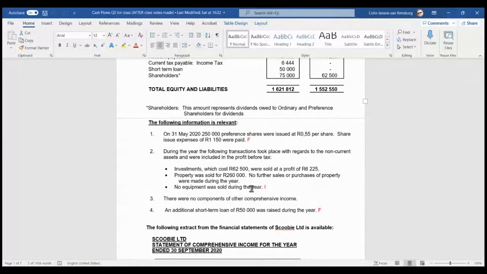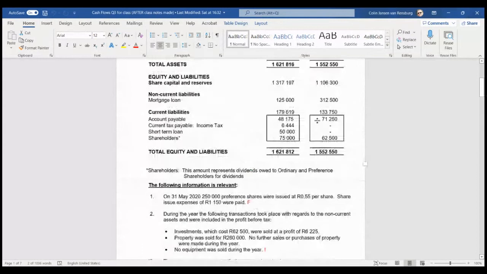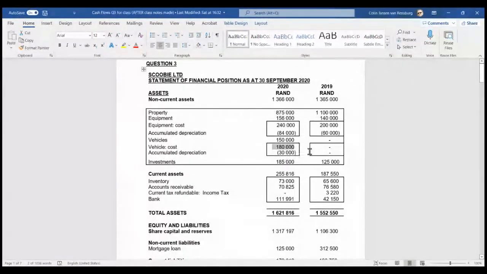If they had told us there were also disposals of a certain amount, then clearly we would have had to reconstruct all those accounts that deal with the vehicles: the vehicle cost, the vehicle accumulated depreciation, and the disposal of vehicles. We'd have to reconstruct those three accounts. In this case, they don't mention anything about vehicles, so we can only assume that there were no disposals. So what was the amount of the acquisitions of vehicles during the course of the year, ladies and gents? If you can type for us.